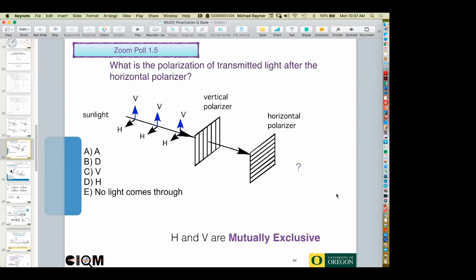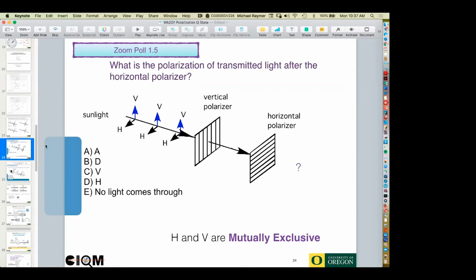Okay, 5 seconds. 4, 3, 2, 1, 0. Share the results. Okay, most people said that no light comes through, and that is correct. Because in this first polarizer, V could pass through here, but then V would be blocked by this polarizer. So nothing would get through.